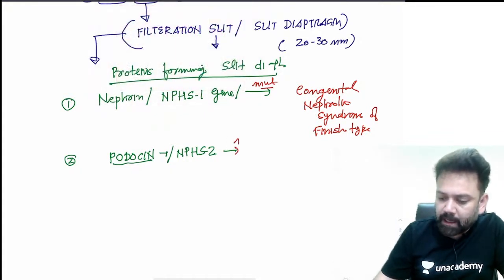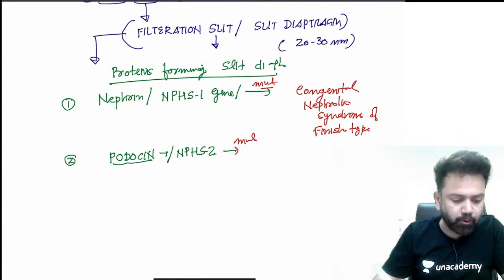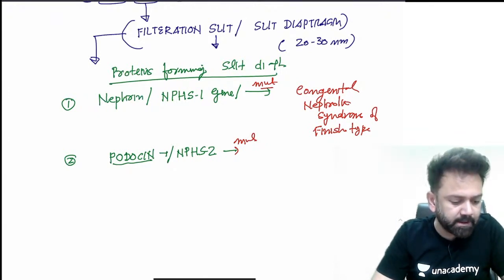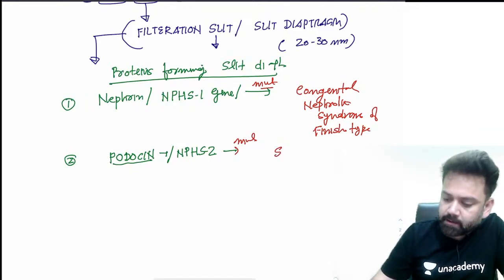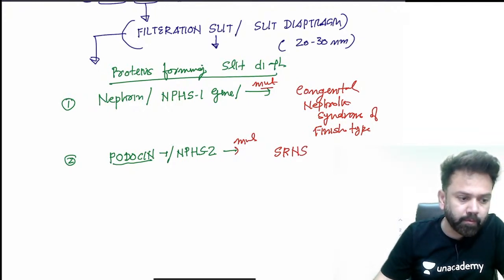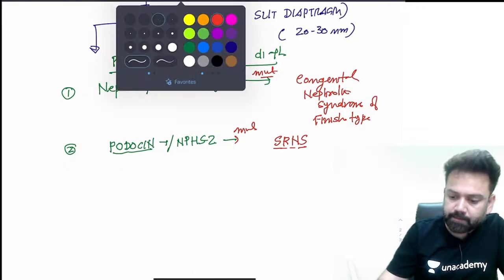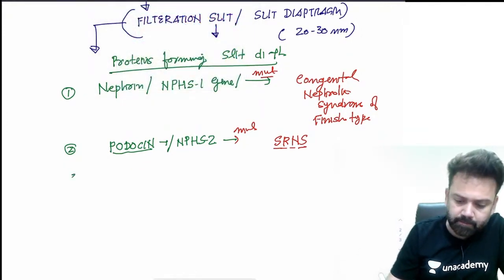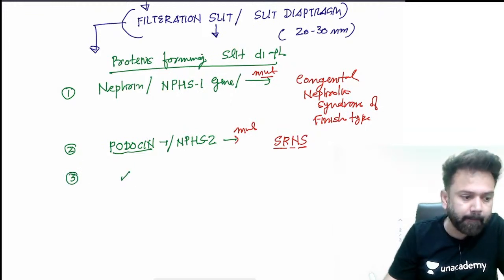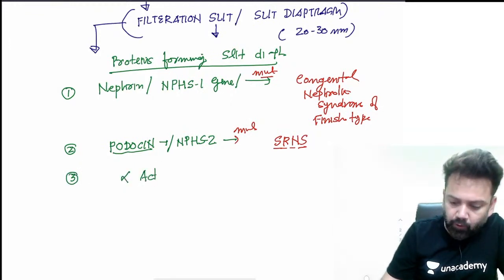What will happen due to mutation of this protein? Steroid resistant nephrotic syndrome. And the third, what about the third? Third is alpha actinin 4.